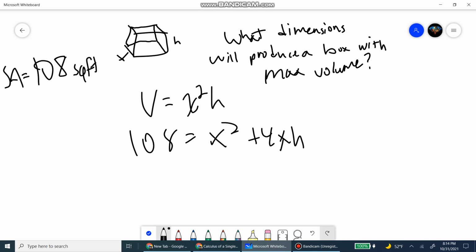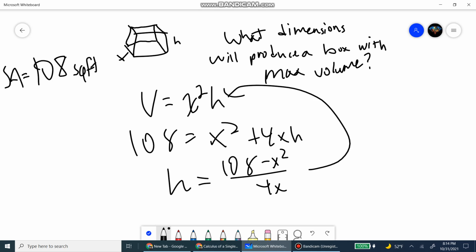Okay? And pretty much what you can do here now, I won't actually do the solving out for it, but you can solve for h using this, so you have something relating to x, right? In fact, I'll do that. If you solve this out, h is 108 minus x squared over 4x. You can plug that in here, because this is the height in response to x.